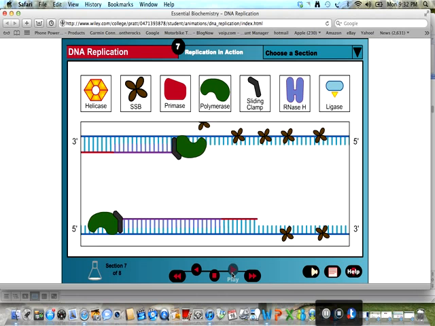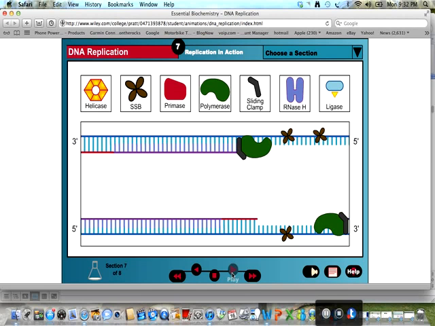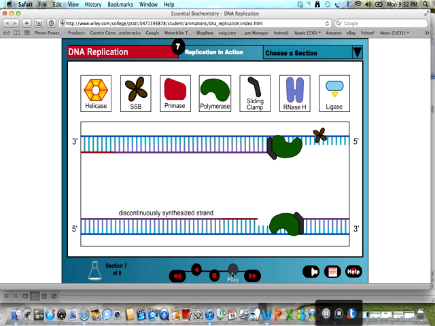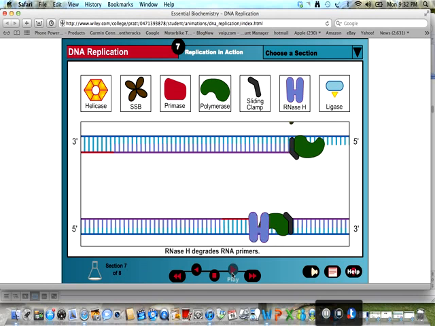Remember, both template strands move through the replication factory in the same direction, and DNA polymerase can only synthesize DNA from the 5' end to the 3' end. Due to these two factors, one of the DNA strands must be made discontinuously in short pieces which are later joined together.